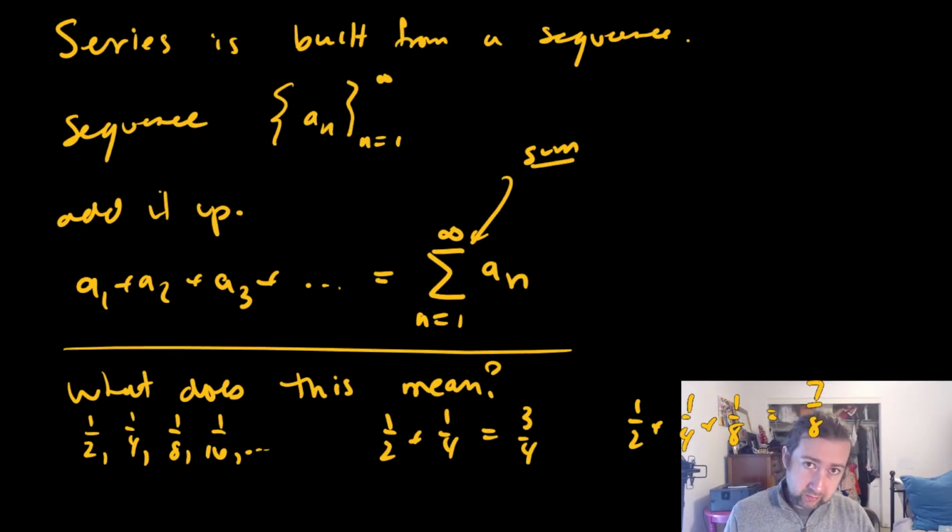And if we keep going, it looks pretty obvious that as I continue to add these things, any finite sum, the more terms I add onto it, the finite sums look like they have a limit of 1. So we can formalize that notion by defining it to be what's called a partial sum.